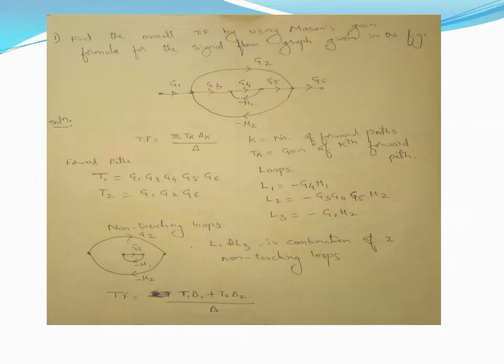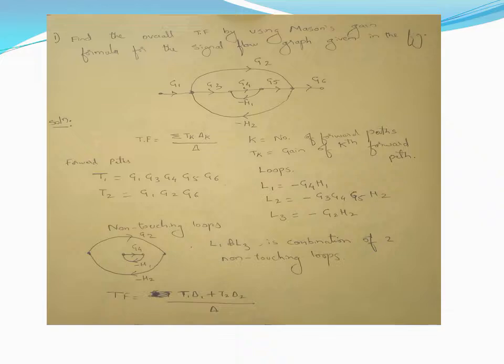The T2 follows a path G1, G2, G6. So delta 2 becomes 1 minus number of single loops which are not touching to the forward path T2. So we have L1, that is minus G4 into H1, which is not touching this forward path.